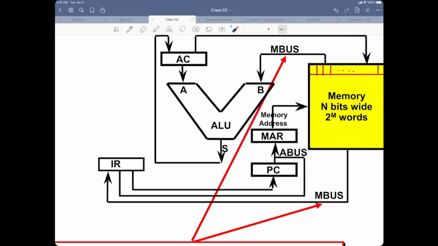Let me talk about something unusual here. Why do we need this? We have not talked about a connection that is necessary between a program counter and an instruction register. Why do we need to do that? Good. Jump, right? So jump or branch, whatever that is.